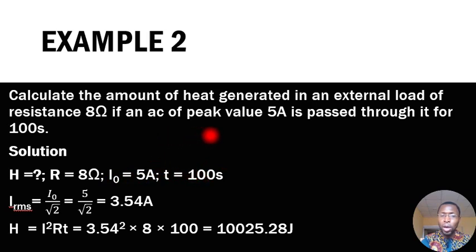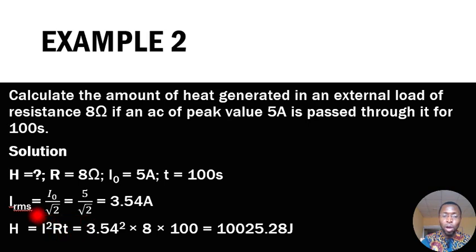So now before we can calculate the heat, we need to determine our root mean square current. The root mean square current formula is peak value current over root 2. The peak value current is 5 over root 2, which is 3.54 ampere. Now our heat formula is I squared R T. That means the square of root mean square current times resistance times time.